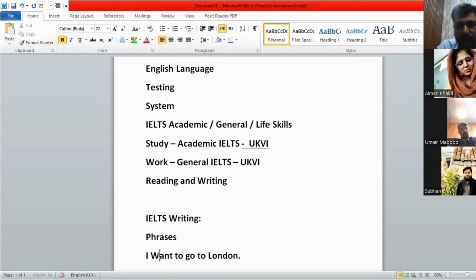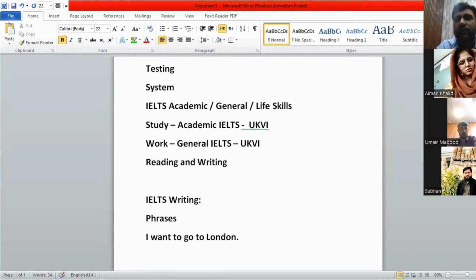Which one is the phrase? It's not an infinitive phrase; it's a prepositional phrase, because to plus noun. So it's a prepositional phrase, right? To London is a phrase. But if we just say to London, it doesn't make sense. So a phrase is always attached with a clause to make sense, to give a complete meaning.